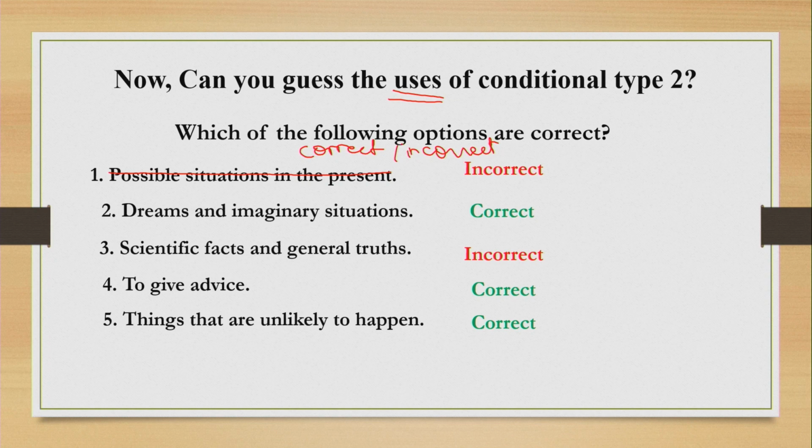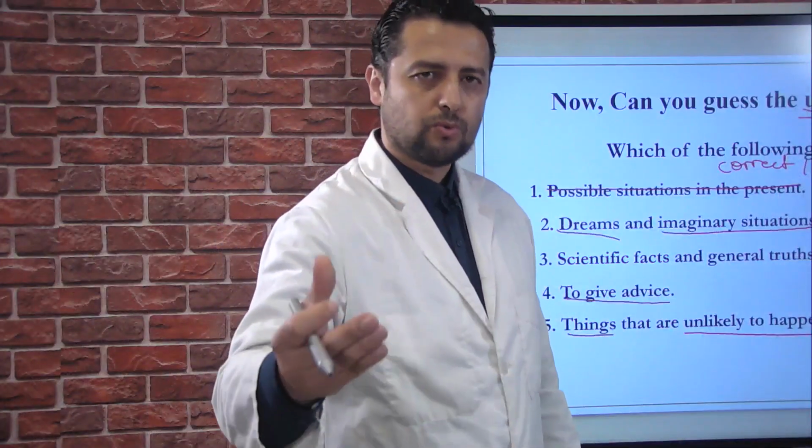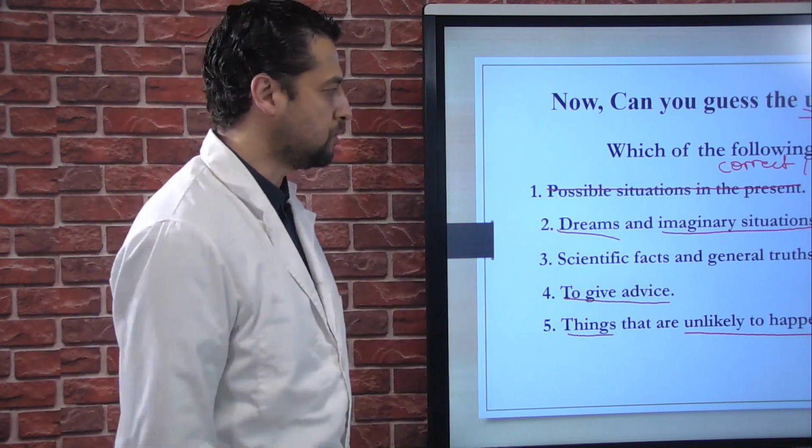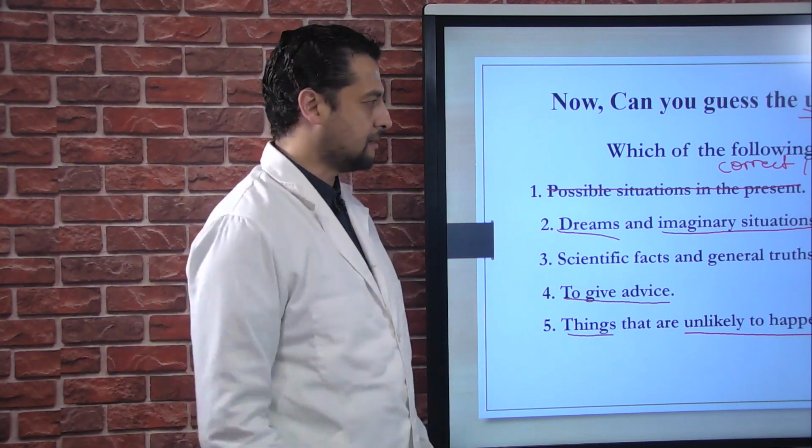We use conditional type 2 to talk about dreams and imaginary situations, or to give advice. And of course, for things that are unlikely to happen, which means things that are difficult or hard to do, because what's done is done, right?